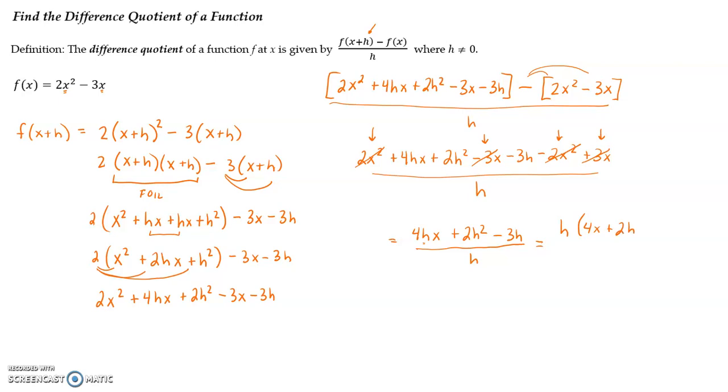And if we take an h out of the last one, we'll have a minus 3. Now take a look at what happens. The h on top and the h on the bottom are going to cancel, and our final answer here is going to be 4x plus 2h minus 3. And that is our difference quotient.